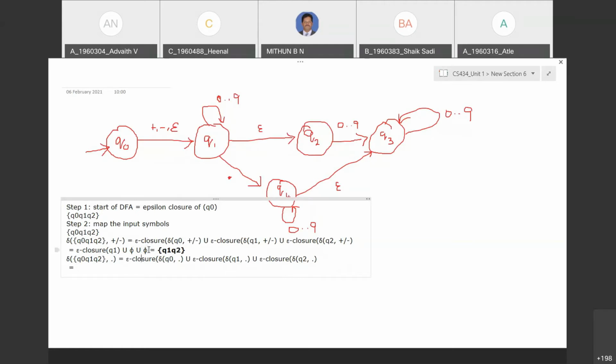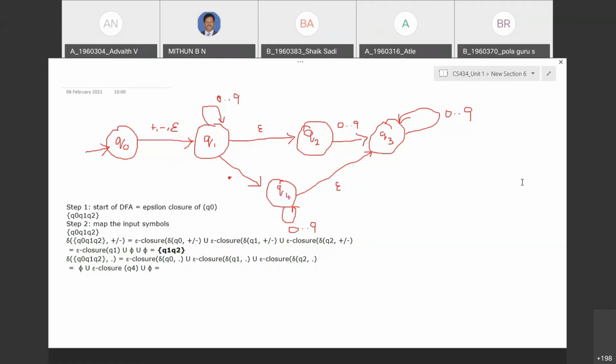So Q0 with dot is null, union Q1 with dot is Q4, union Q2 with dot is also null. What is epsilon closure of Q4? It is Q3, Q4.